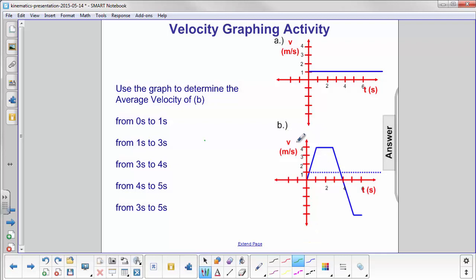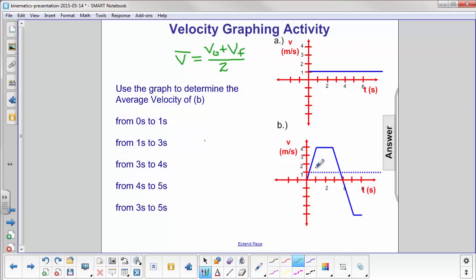Now let's use this graph here, B, to find average velocities at various time intervals on the graph. So we're going to take advantage of this formula here, V average equals V0 for your time interval plus the final velocity in the given time interval, and divide by 2, just like we take normal averages.